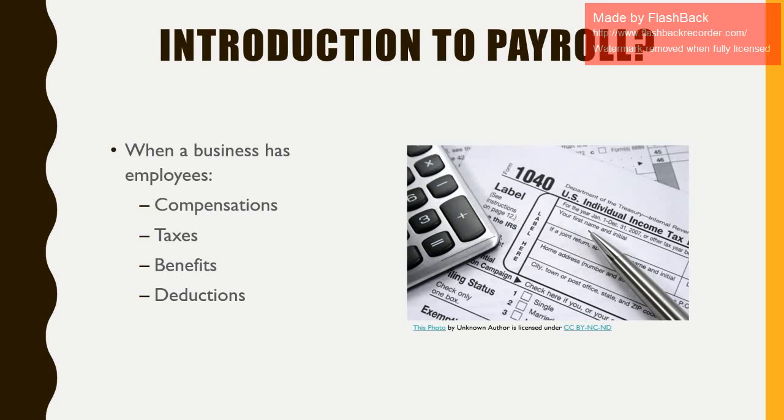Has this person been here long enough? You're going to give them $16 an hour? Or someone who's interning, you're only going to give them $10 an hour. Every person has a specific task or specific duty, and they may have different compensations for that, okay? So when we're dealing with payroll, you need to make sure that you factor out the compensations.